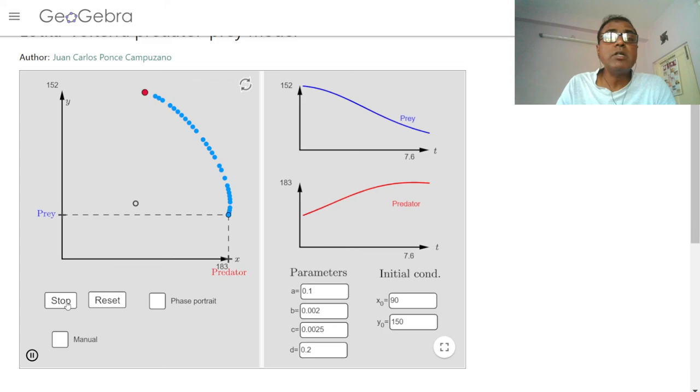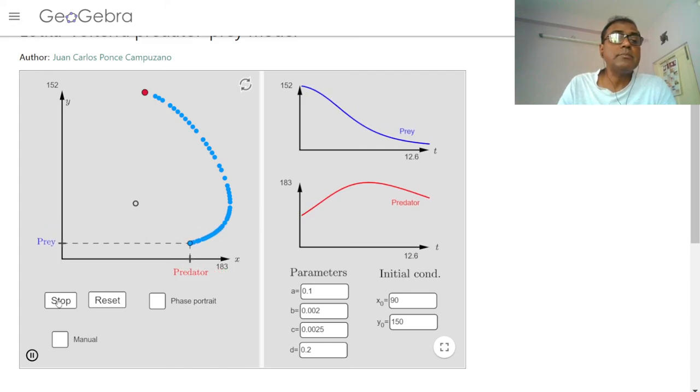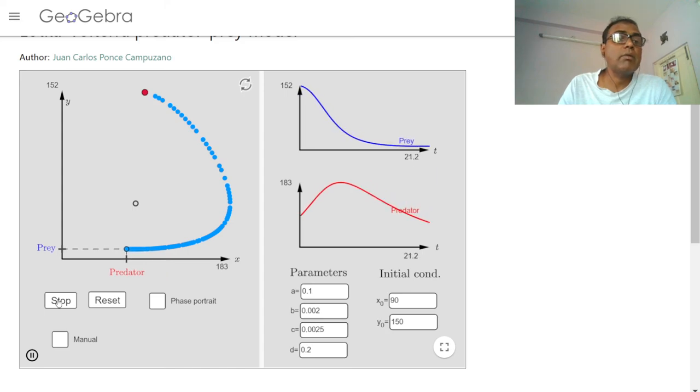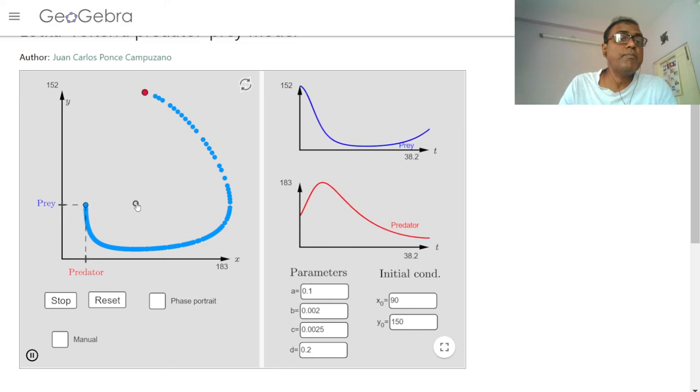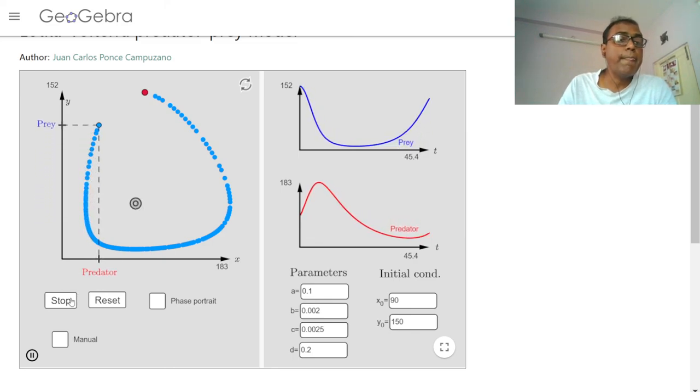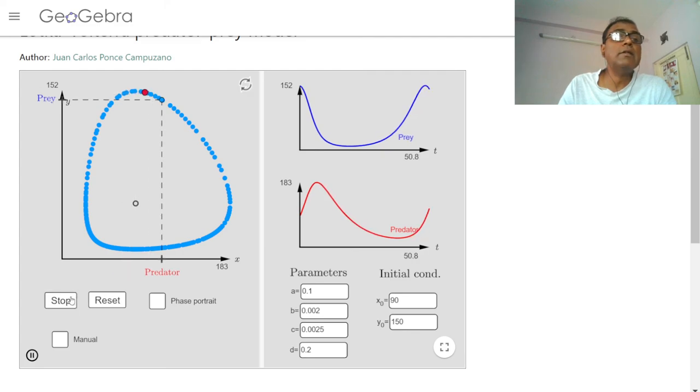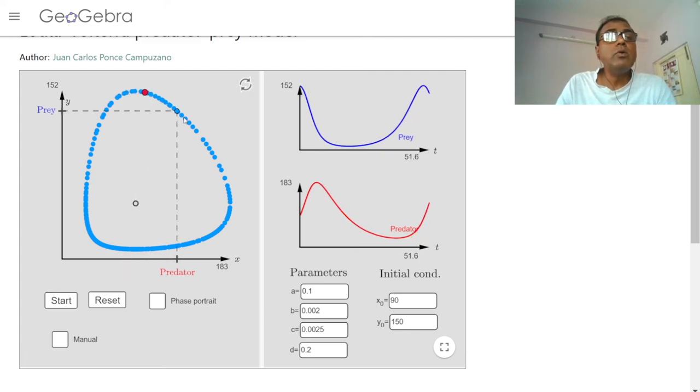So first, with increasing time tau, the density of prey is decreasing and predator is increasing. When this point is here, predator is this and prey is this. And next, this point is the equilibrium point (1, 1).